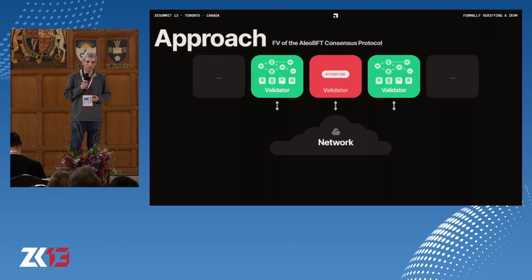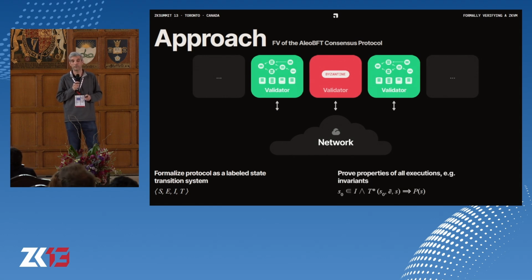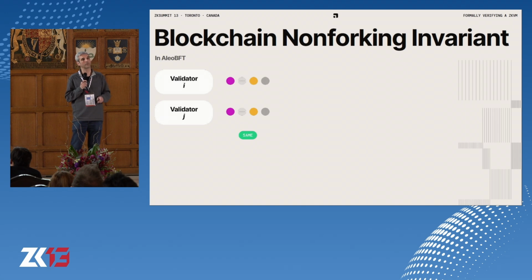So what we did here is formalize the protocol as a labeled state transition system, like an infinite state machine, and we proved properties, mostly in the form of invariants, which say that the invariant holds in the initial state and is preserved in every state. The main thing we proved, which involved quite a bit of work, was to show that the blockchains never fork. So essentially, if you have two correct validators, they have their own copy of the blockchain.